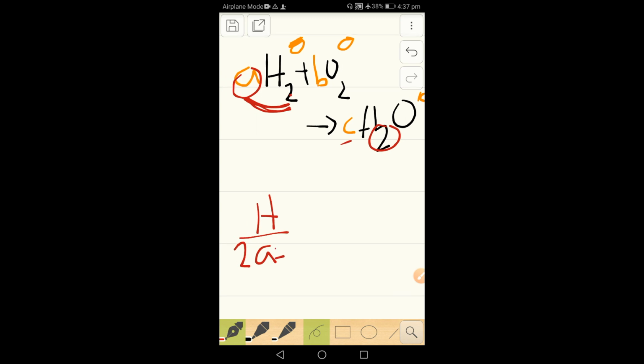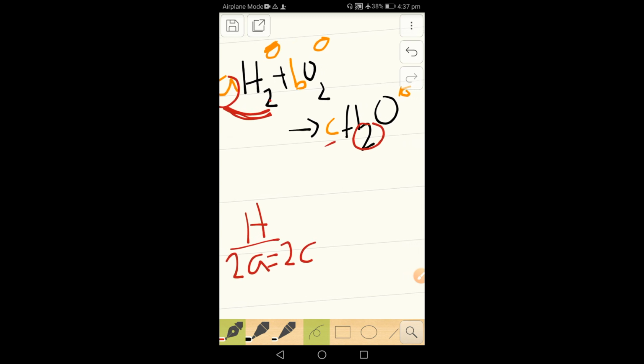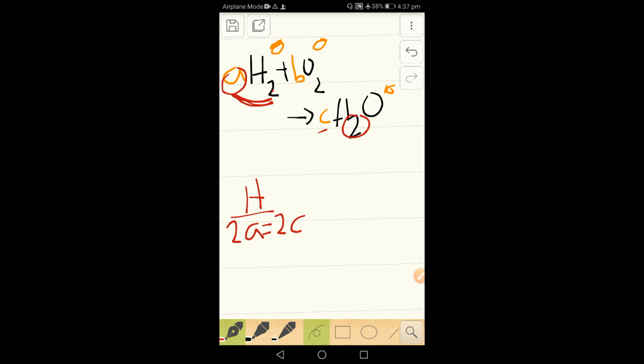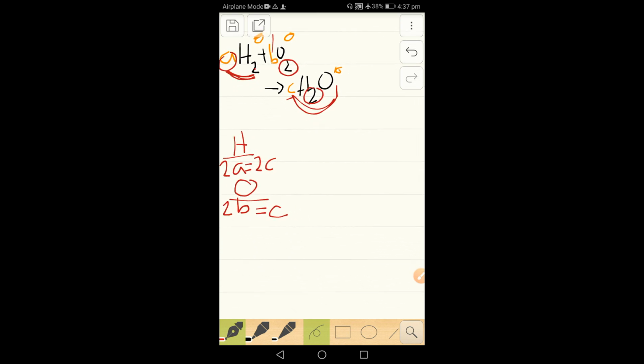So 2A must be equal to 2C in case of hydrogen, and in case of oxygen we have 2 into B, which is 2B in the reactant side, and in the product side we have 1 oxygen, so 1 into C means C. All right, so these are the things that we have got.